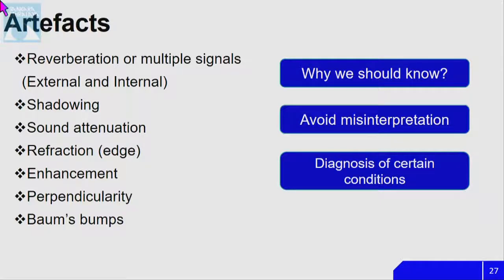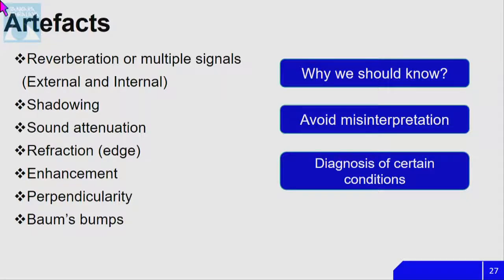And enhancement: when there is a weak echo, for example a cyst, the structure posterior to it may be seen as high reflective. It is not that the posterior structure is high reflective; it is because the anterior cyst is low reflective that we see the posterior structure as high reflective, hence the name enhancement.